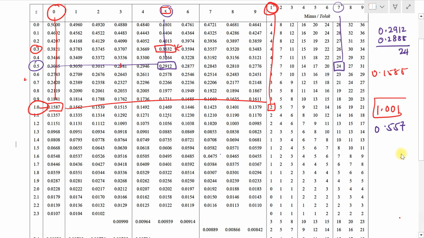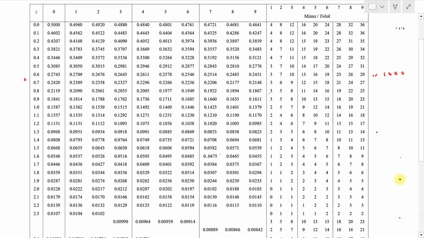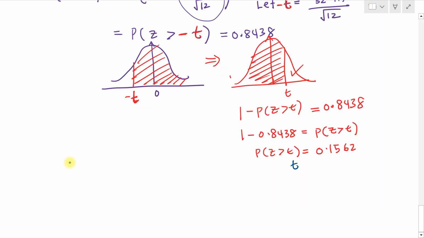Okay, need to clear this. You need 0.1562. Where is 1562? You got exactly 0.1562. See? Here. No need to subtract. That means 1.01.